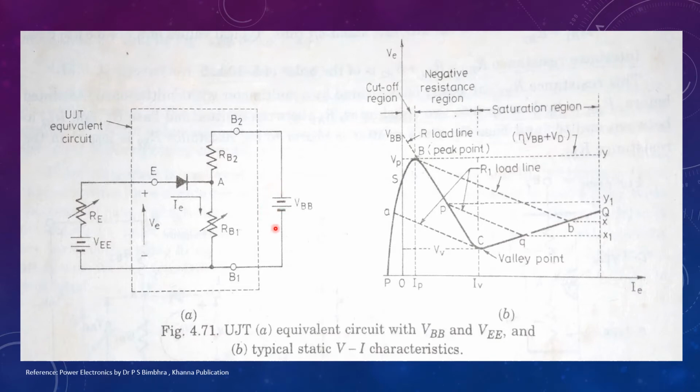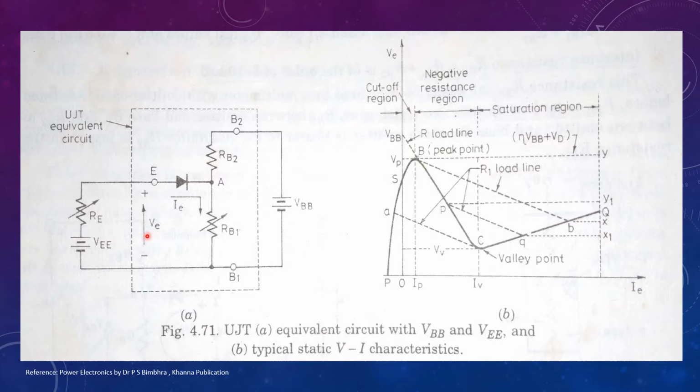The DC voltage source VBB between base 2 and base 1 is constant. DC voltage source VEE between emitter and base 1 is considered as the input. The UJT equivalent circuit is shown in the dotted rectangle.